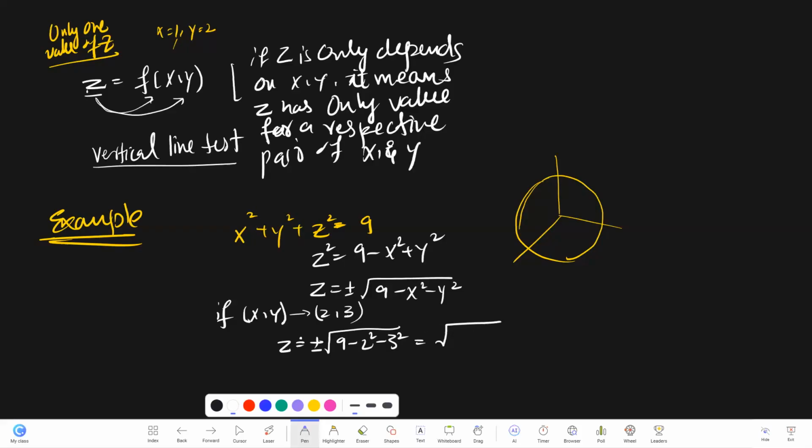I'm worried about these two: z equals plus this and z equals minus this. It means the vertical line test has failed. If I do this, it means z is not a function of x and y only. It has some other things too, which I don't know.